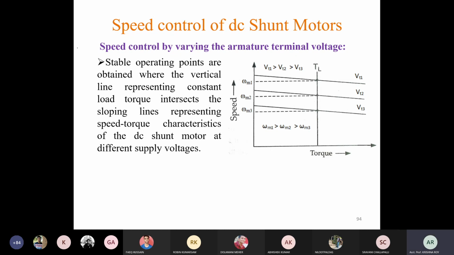Now the question is, can we in this speed control apply more voltage, I mean a voltage which is greater than the rated voltage?